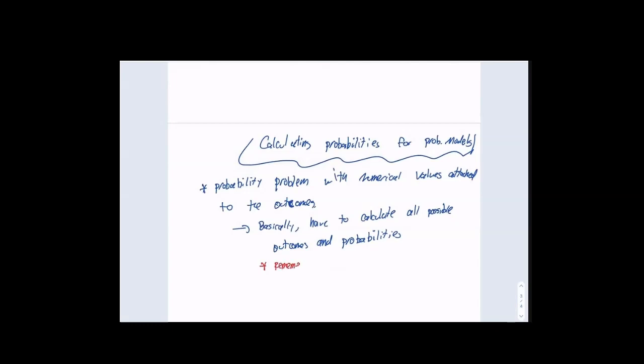Remember, you don't need to calculate all of them, since probability sums to 1.